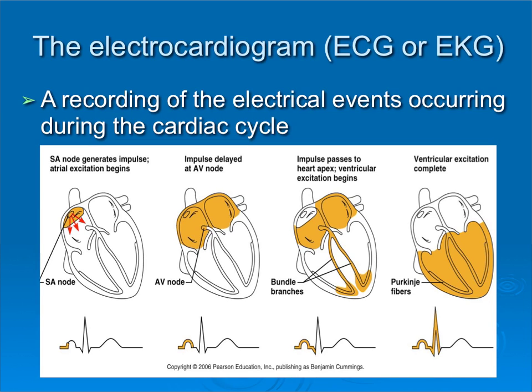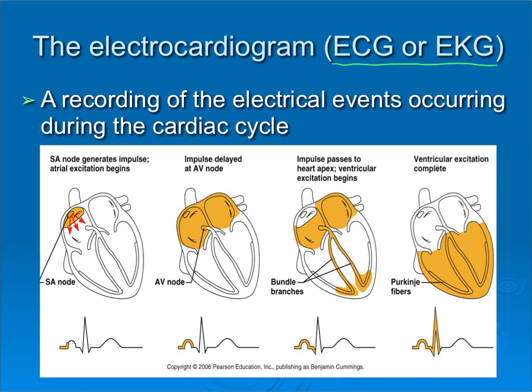Okay, so here we can see the portions of the intrinsic system and how that responds to what we call the electrocardiogram, or for short, ECG or EKG. So this is a recording of the electrical events.